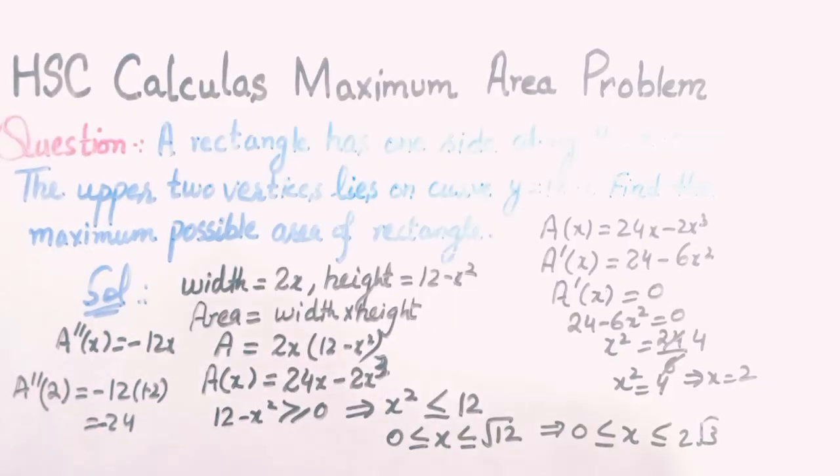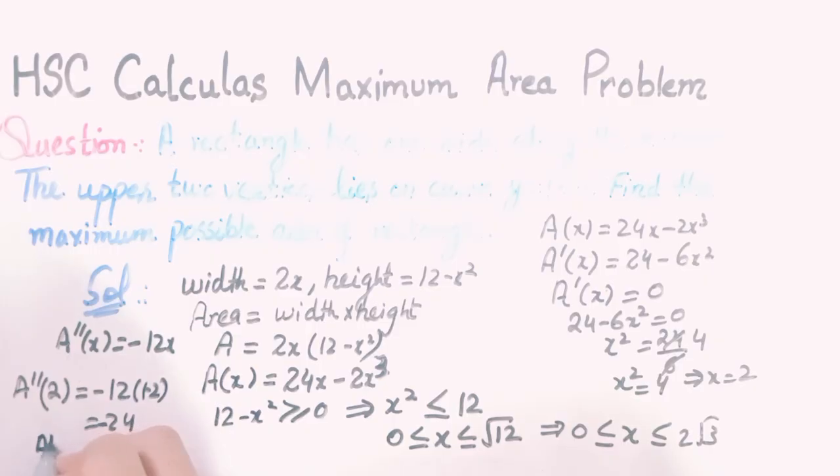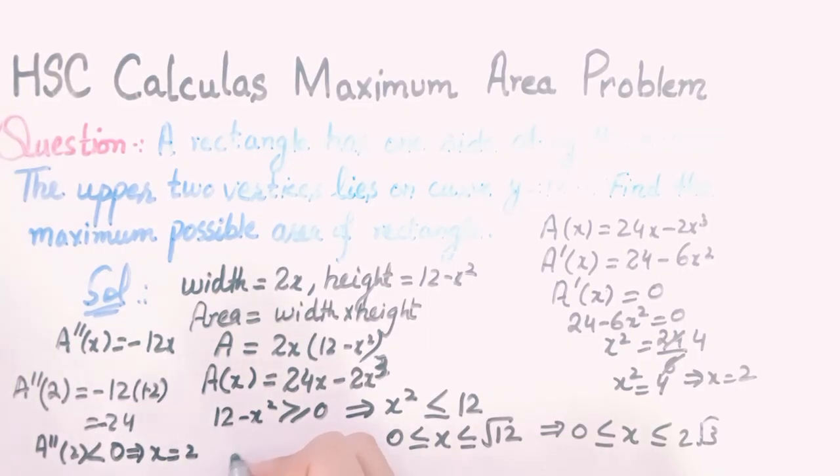So, which implies that the double derivative at 2 is less than 0. So x equals 2 gives a maximum area.